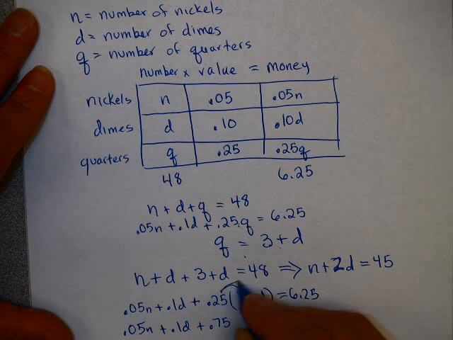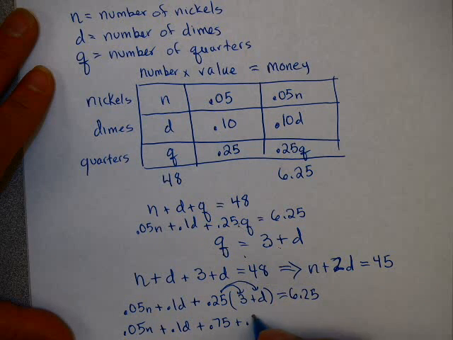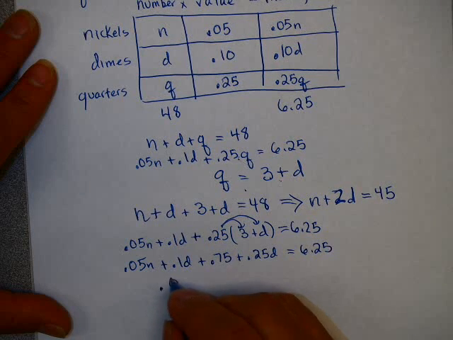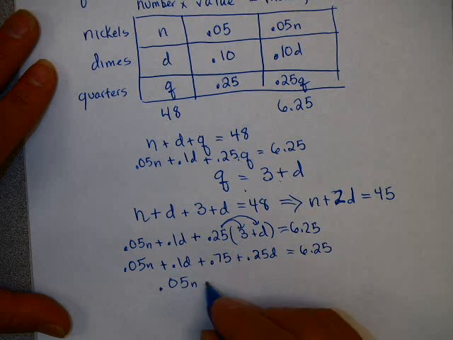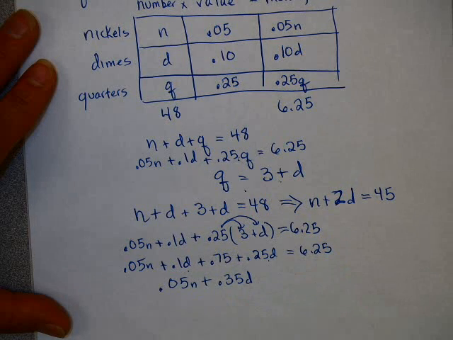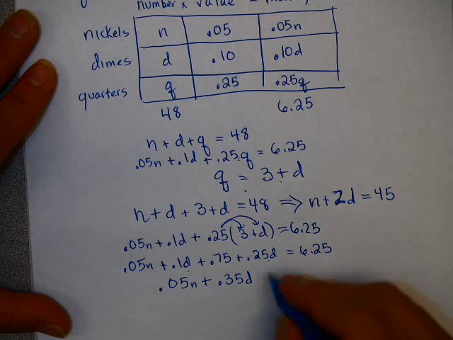Okay, I'll multiply this in, plus 0.25D equals 6.25. Okay, keep going. I've got 0.05 times N. I've got here, you notice, 0.35D. And if I subtract 0.75 from both of these, I get 5.5.